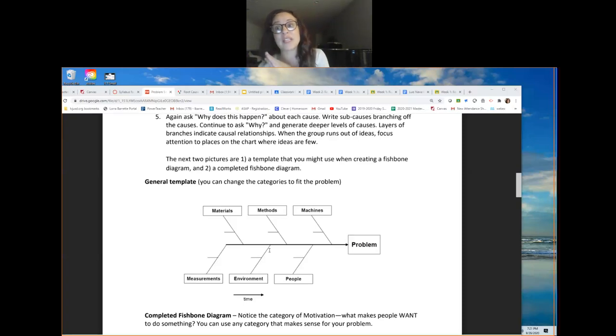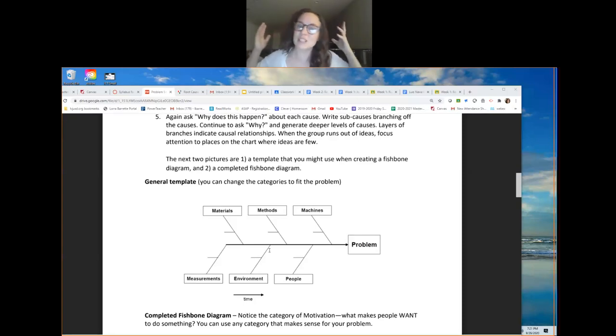So this actually happens at my house. One of the problems is the dishwasher is full, and they don't want to empty the dishwasher. That is why they don't put any dirty dishes in the dishwasher.